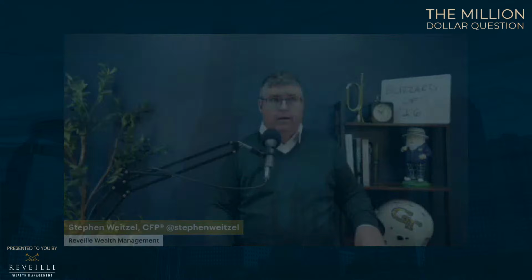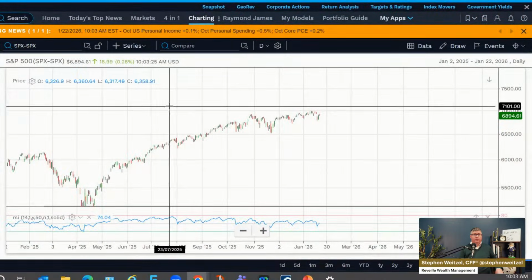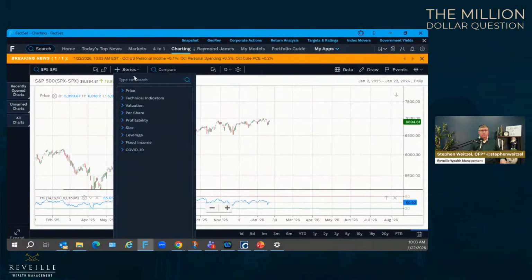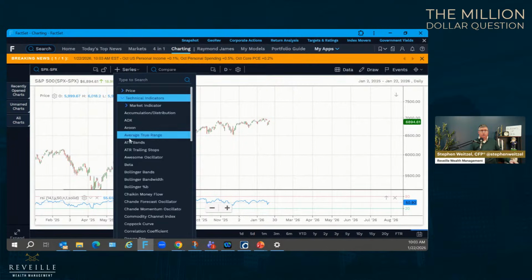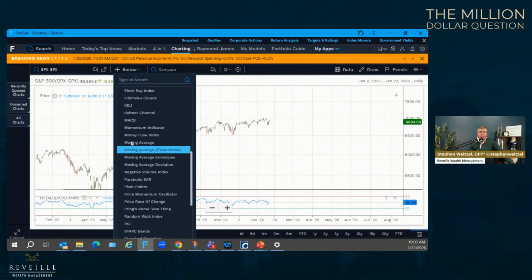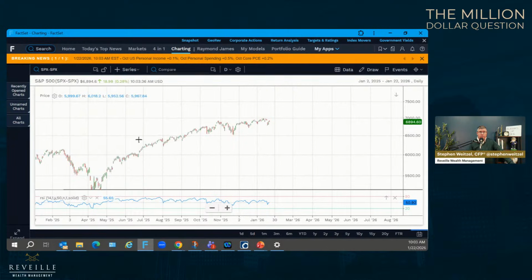So I just want to start with some very basic things here. Okay. So I want to start by looking at just the S&P 500. And I'm going to throw on a very basic trend. I want us to start with just a moving average. That's all I want to start with.